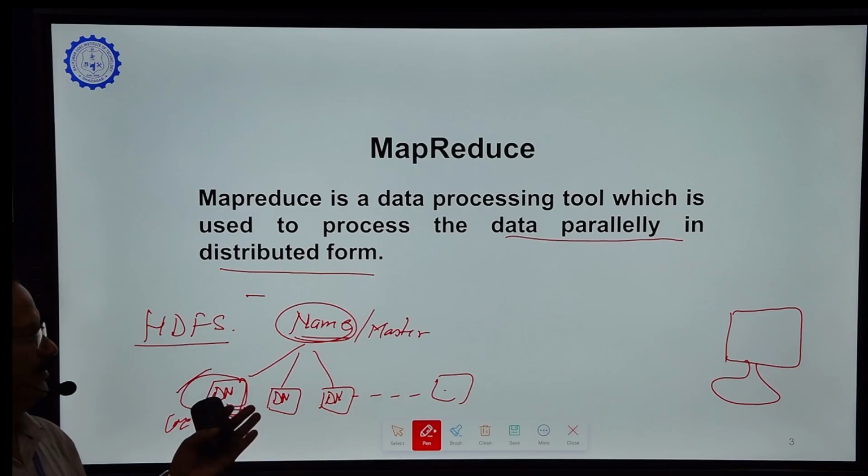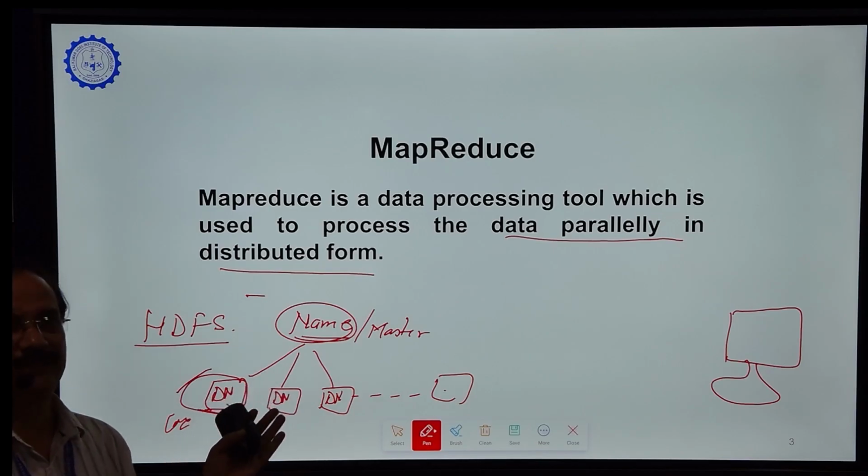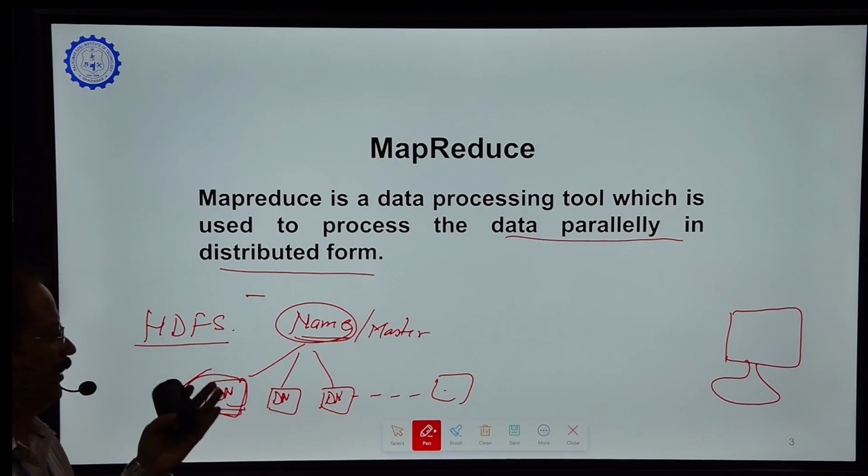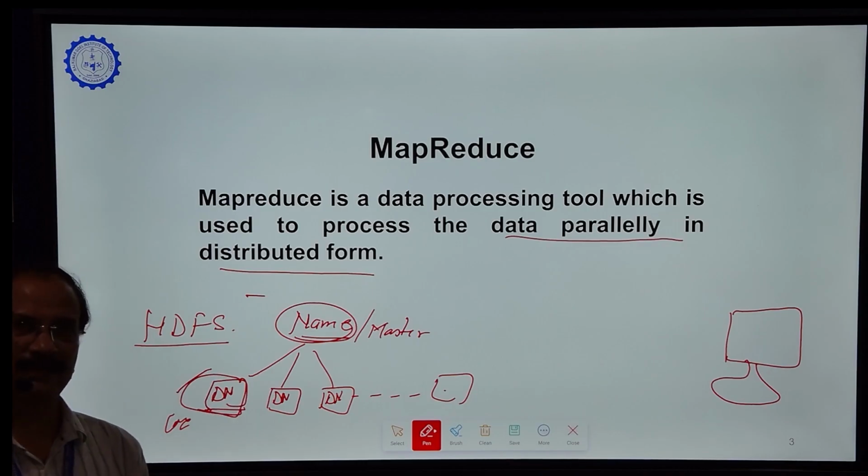But here there is a huge amount of data, stored in various commodity hardware. If processing is required, one way is to call all the data to a particular system and process it there.